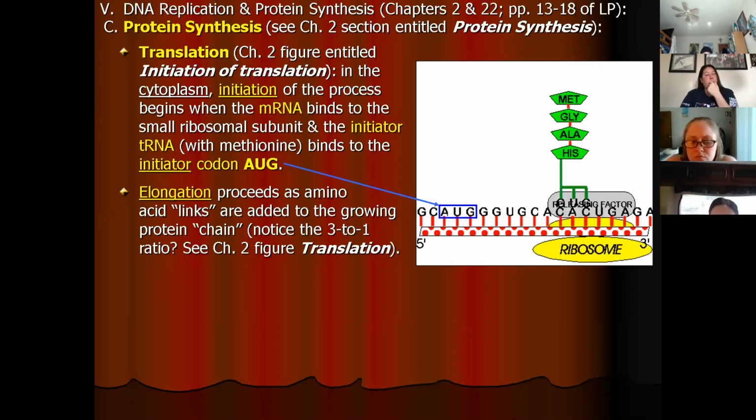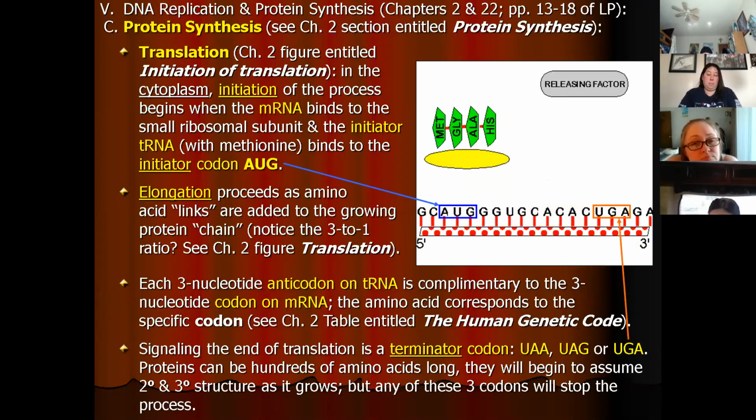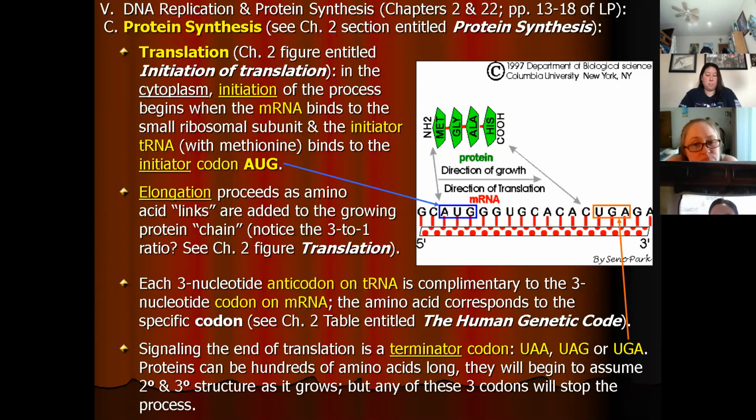Until you hit one of the terminator codons, you get a releasing factor and everything falls apart. In this case, it was UGA. Thank you. Are those 3 terminator codons the ones we'll most see, or are they the only ones we'll see? Those are the only ones you'll see. Okay.